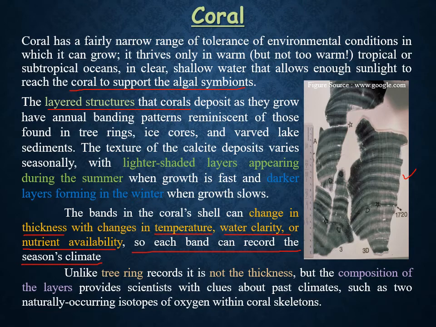Now, unlike tree rings, in which the record is not the thickness but the composition of the layers, which provides scientists with clues about past climate, such as two naturally occurring isotopes of oxygen and other isotopes of carbon. That isotope study can also be done from the coral skeletons.